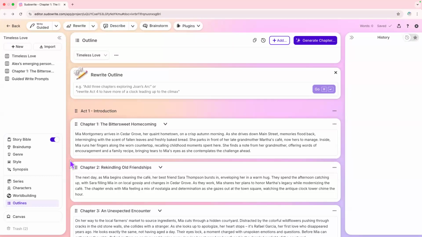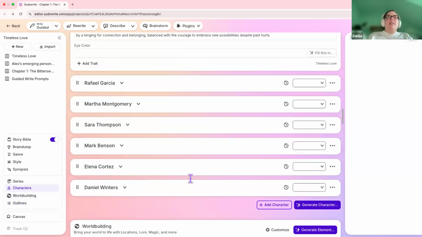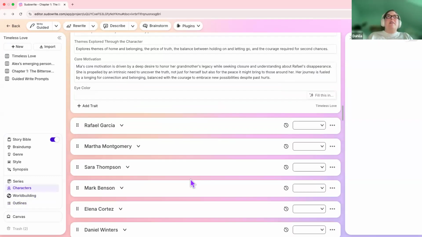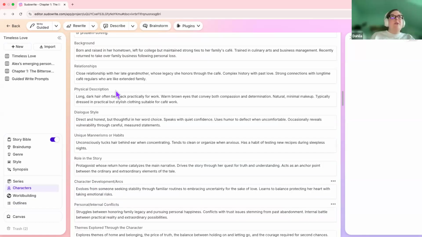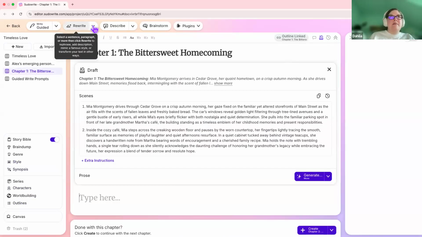Say you have already written a chapter and want to do a rewrite of a section of it. In that case, there's also the possibility to use different tools for that. We have rewrite here.